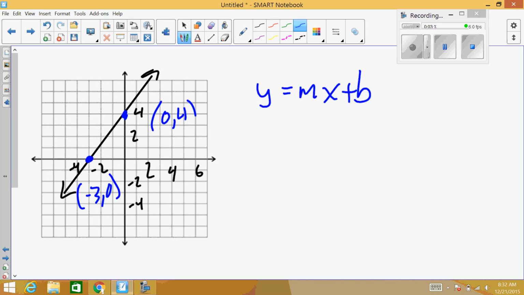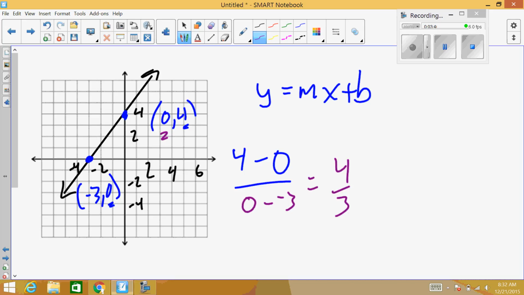I can find my slope using my formula, or I could count my slope. It's moving up and to the right, so I know it's going to be positive, just as a quick self-check. I'm going to use my formula. So I'm going to go 4 minus 0 over 0, because those two are from the same point, minus -3.